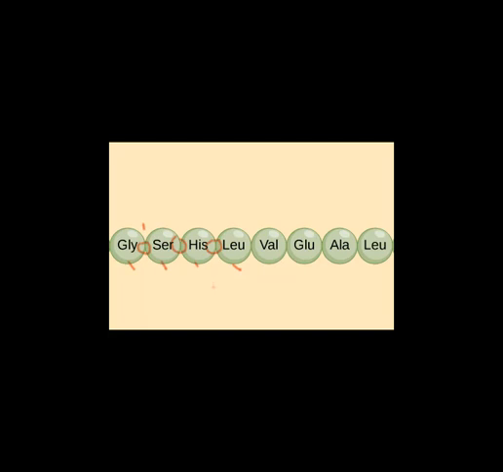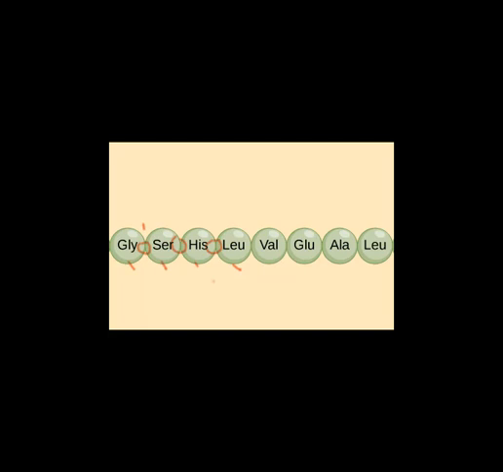Those small chains are known to be peptides. When a chain contains only maybe 50 amino acids or less, we call that a peptide. As the chain gets bigger and longer, that peptide is now called a protein.